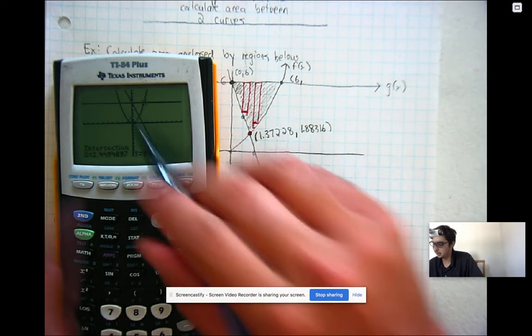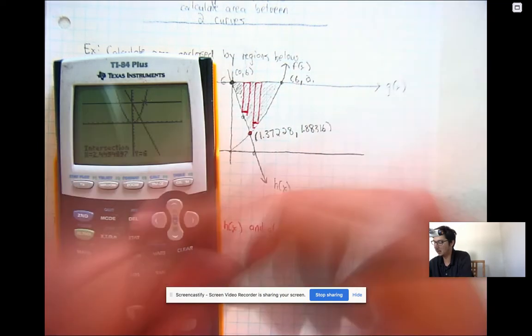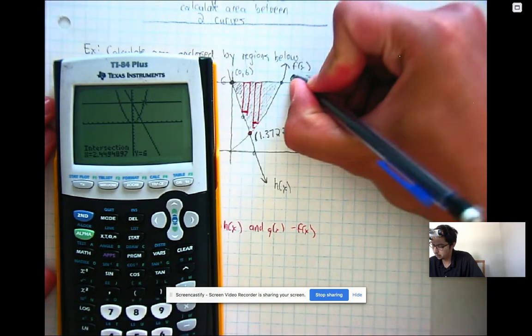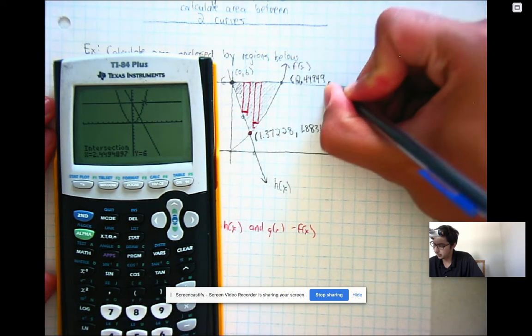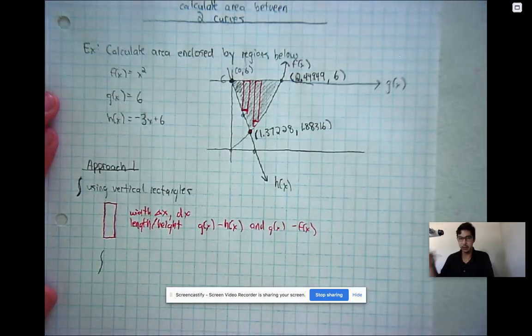That intersection point is 6, or sorry, the x value is not 6 there, because it has to go right first. It's 2.44949, 6. Okay, so those are our intersection values.